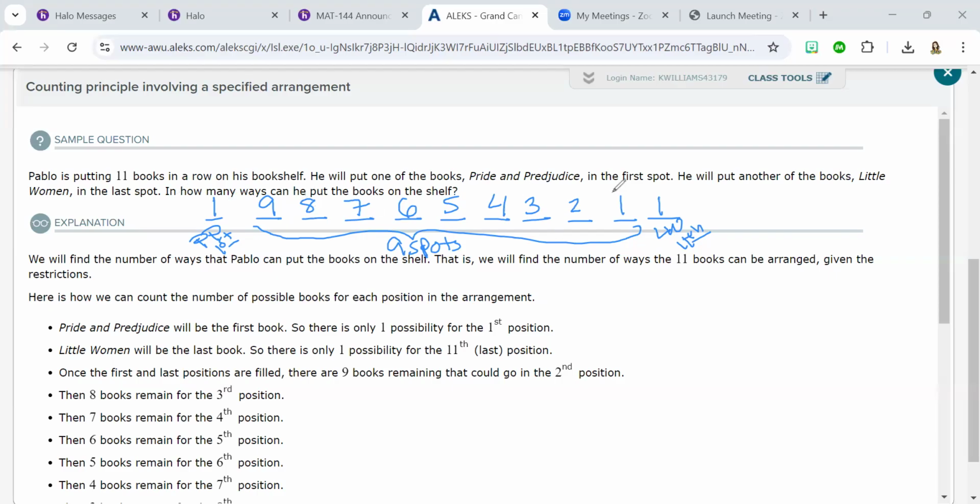Okay, so once you get everything lined up, you're going to multiply all of this together, and that will give you the total outcomes you have for this problem. It's all multiplication. Then go ahead and pop that into your calculator and see what you get.